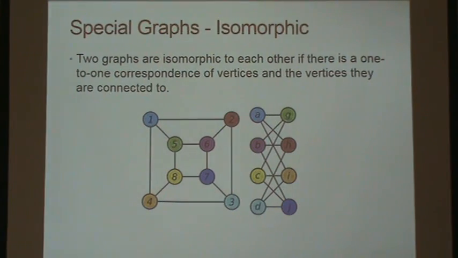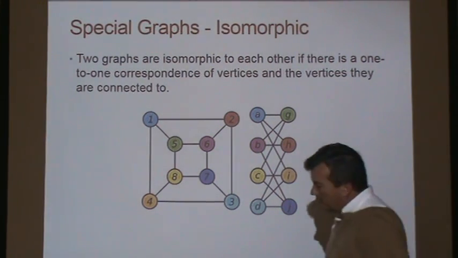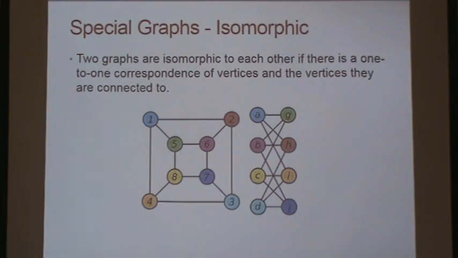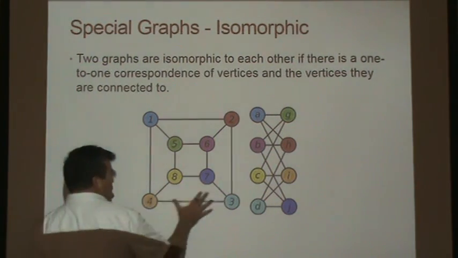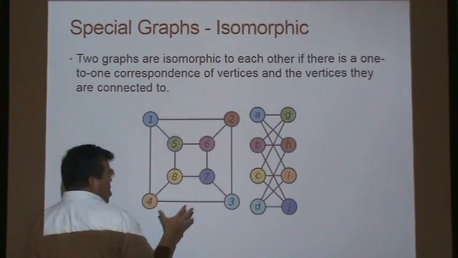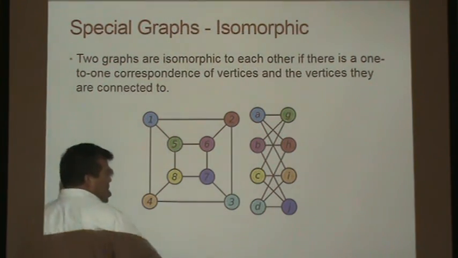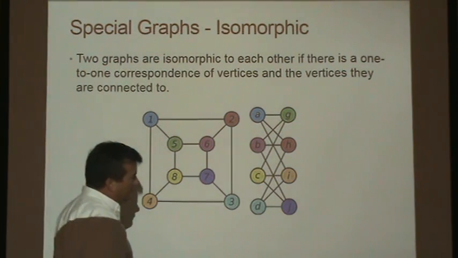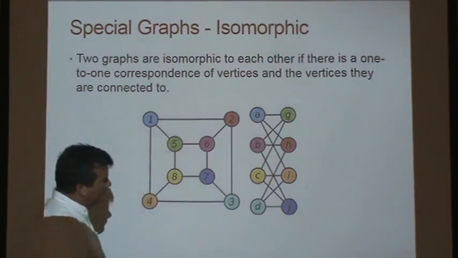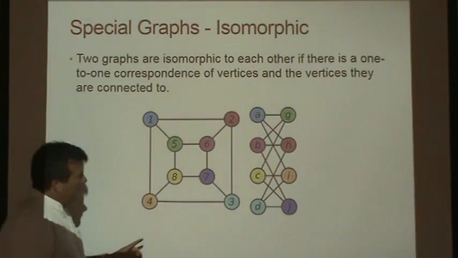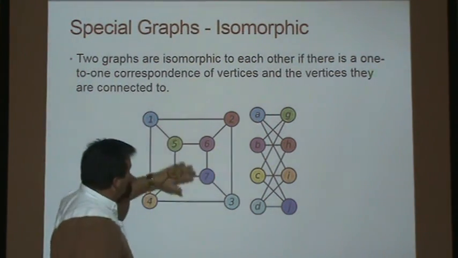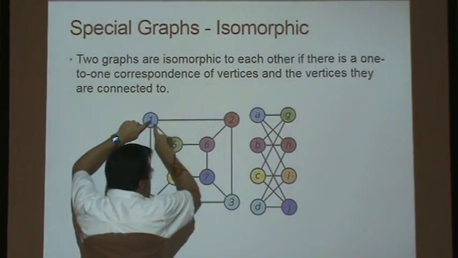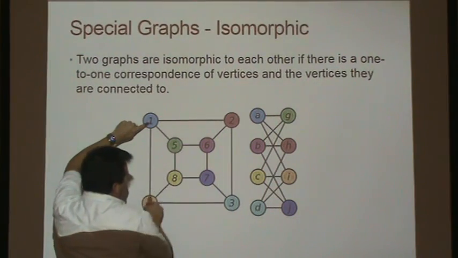Okay. Then another special type of graph: we could say that two graphs are isomorphic to each other if there was a way to take this graph and create another graph. Or if you're given two graphs and asked a yes or no question, is this graph isomorphic to this one? In other words, for every point in this graph, can one of these map to that one and be connected to exactly everything it's connected to here?